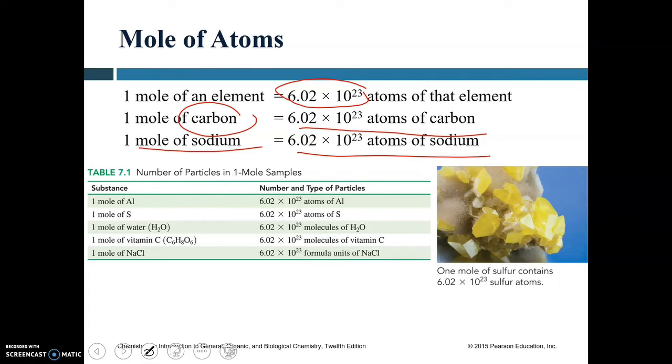In this table, you can see that a mole is always the same. 1 mole of water molecules will contain that exact number, 6.02 times 10 to the power of 23 molecules of water. The same is true for 1 mole of vitamin C, and so on and so forth.